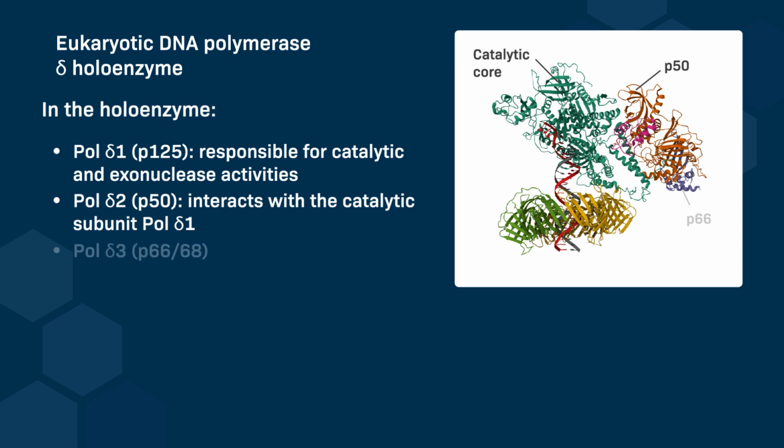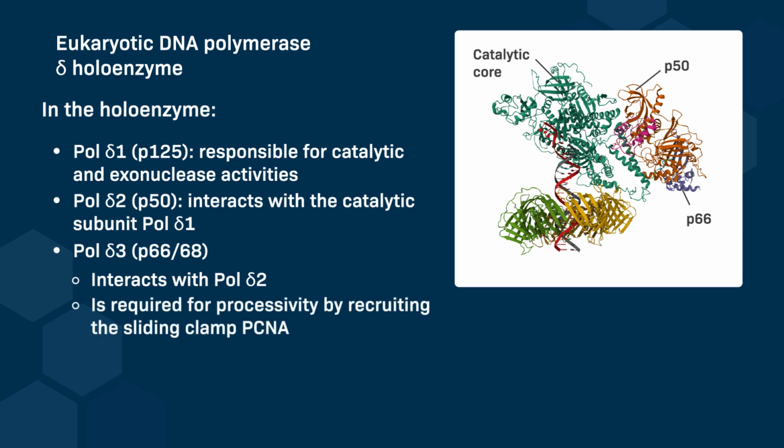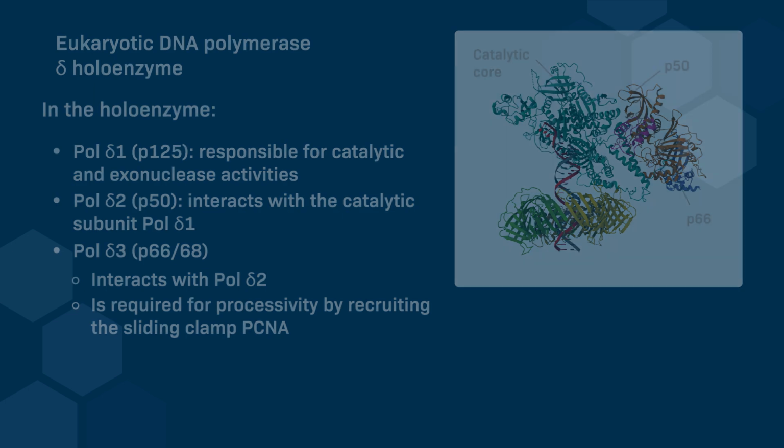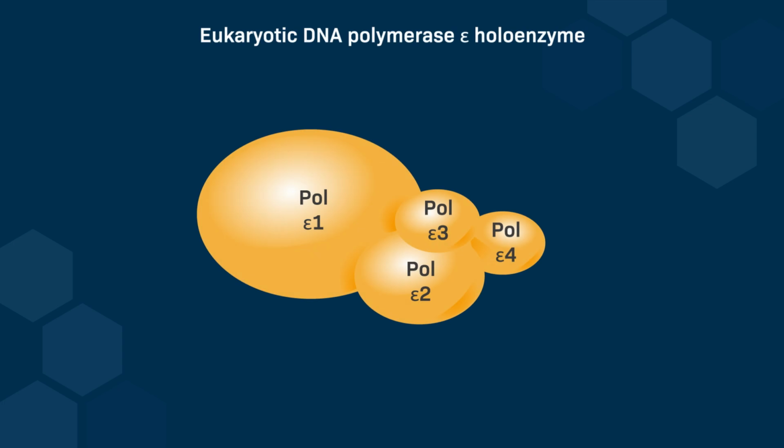It also contains Pol delta 3, P66, which interacts with Pol delta 2 and is necessary for the recruitment of PCNA. The PCNA interacts with the holoenzyme and ensures efficient attachment to the DNA template, thus facilitating high processivity during DNA replication.